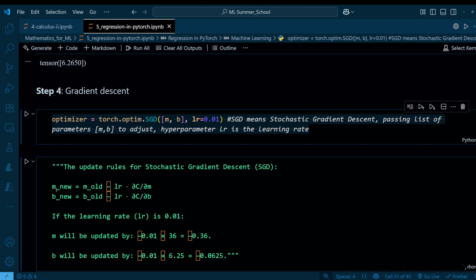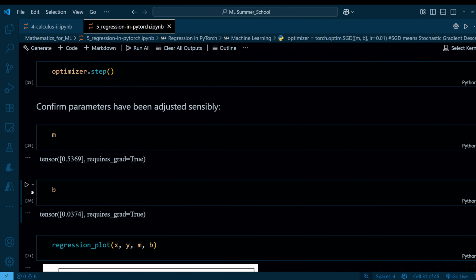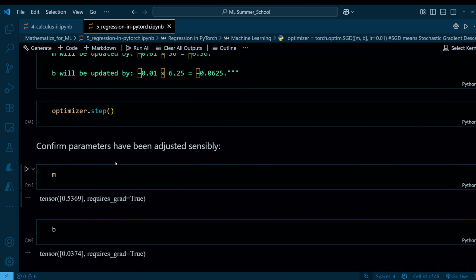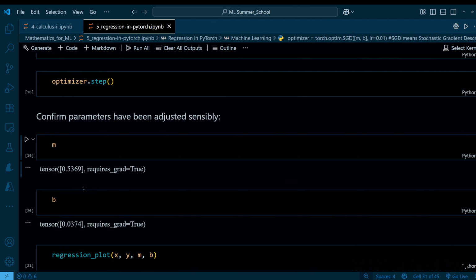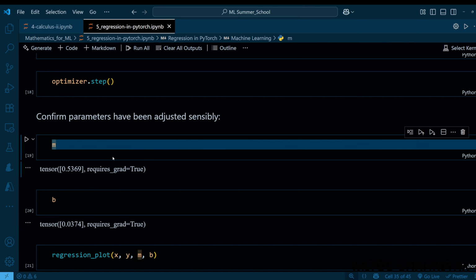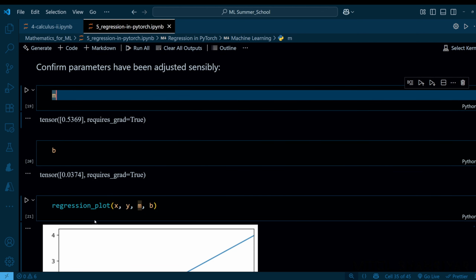Now we have a new m and new b, and again follow the process and so on. After the process, we have a new m which is 0.539 and a b which is 0.0374. Previously it was 0.9 and now it is 0.539. It has become better, following some optimization process, and b has followed some too.